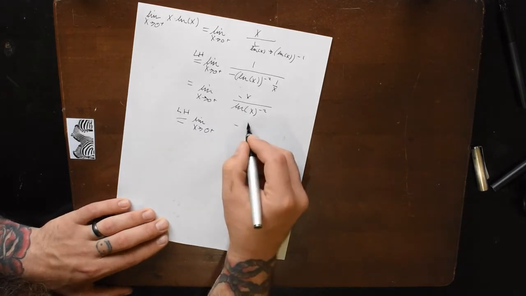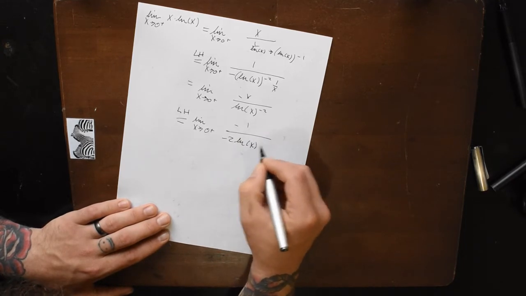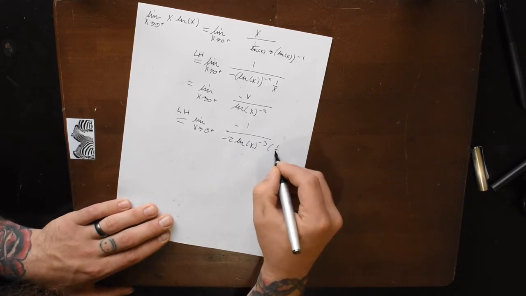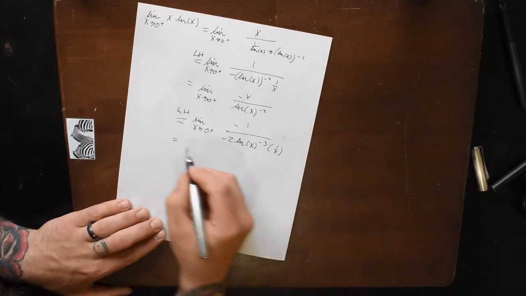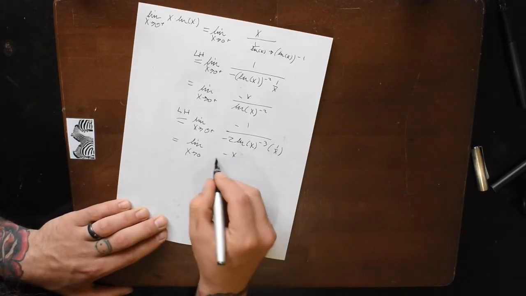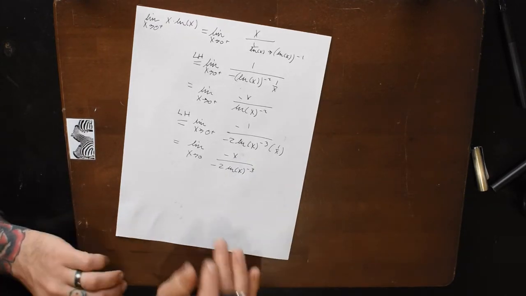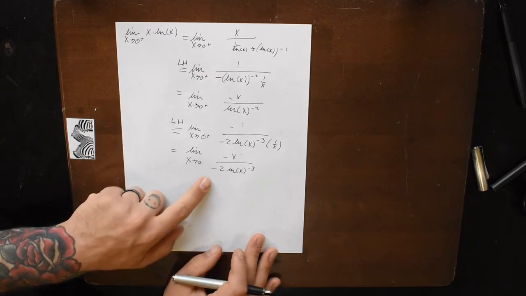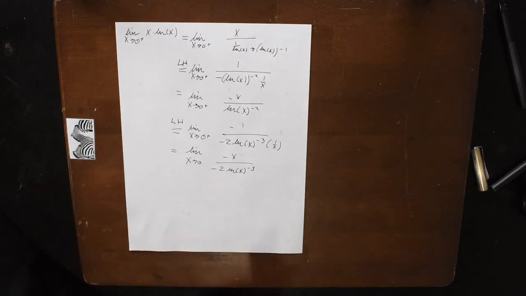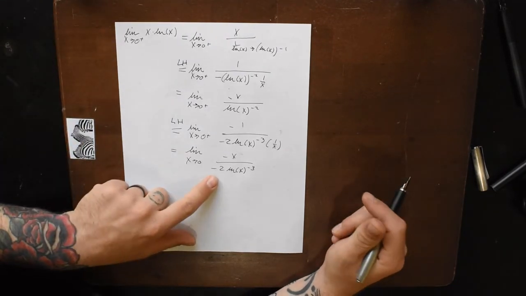Negative 1 over negative 2 natural log of x to the negative 3 times 1 over x equals, by algebra, the limit as x goes to 0 of negative x over negative 2 ln of x to the negative 3. It's getting worse. Oh my goodness. L'Hopital's rule is supposed to make this thing easier, and it's making this thing worse.